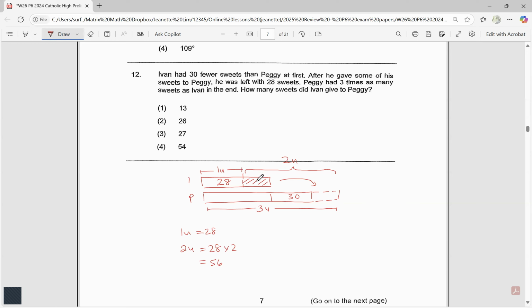It's made up of this box here, which is the same as this box here, and a 30. So I just need to minus 30 and divide by 2. Okay, so 56 minus 30 is 26, and 26 divided by 2 is 13. So answer option 1.